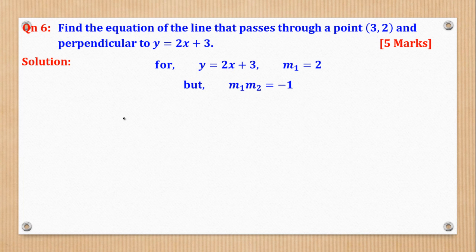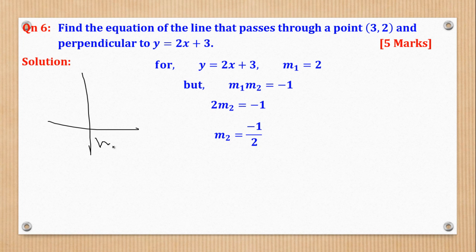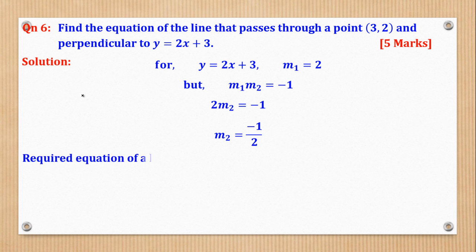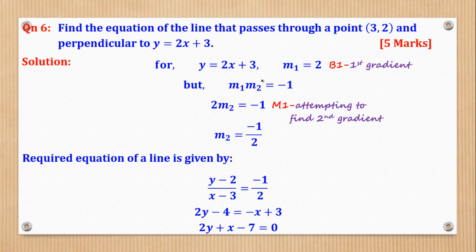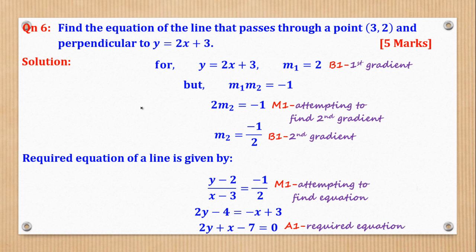So with that, I can get the gradient of the second equation. Okay, so now I have the gradient here, and I also have a point here, which is (3, 2). So now that I know the gradient and a point on that line, I can easily get the equation of the required line. And that will be the required equation. So that's what they wanted.